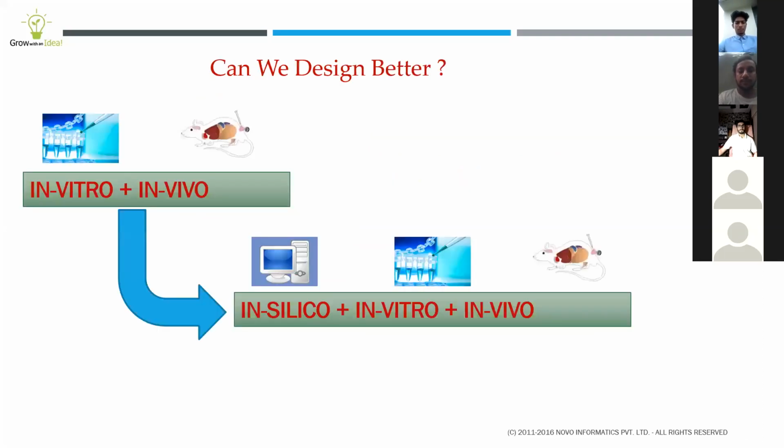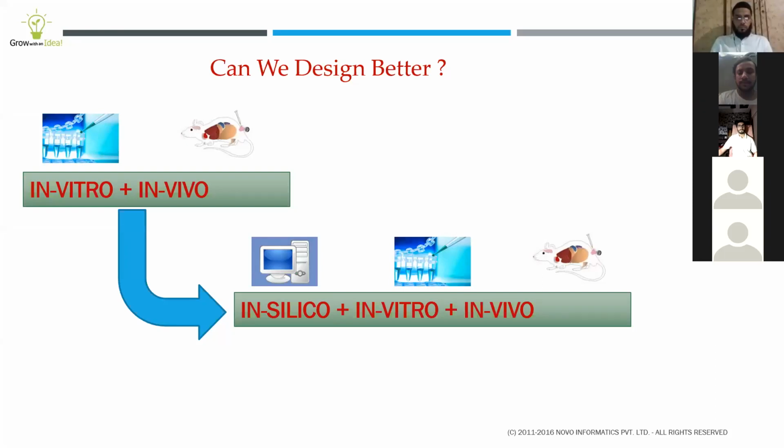Now, what we can do as a computational biologist or a computational chemist is add something called in silico, which is when you try to simulate some of the experiments on your computer, so that you can reduce the chance of error or the chance of risk.